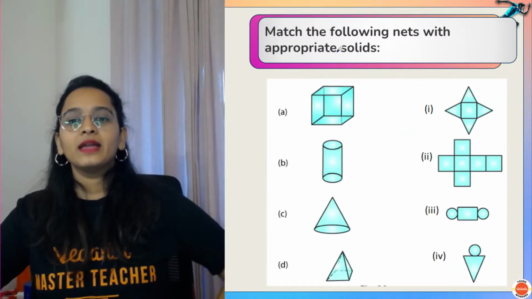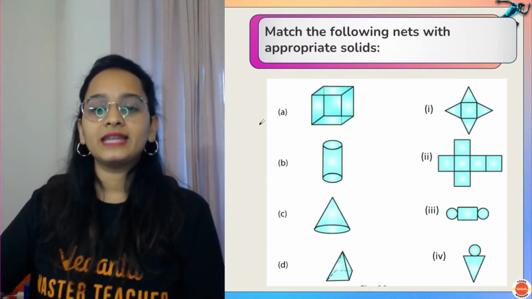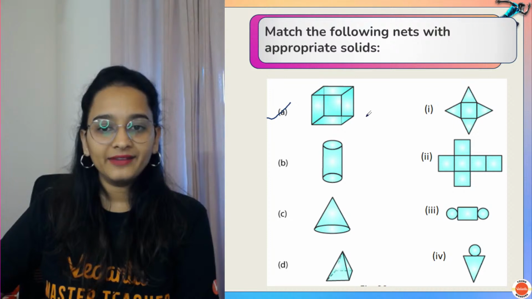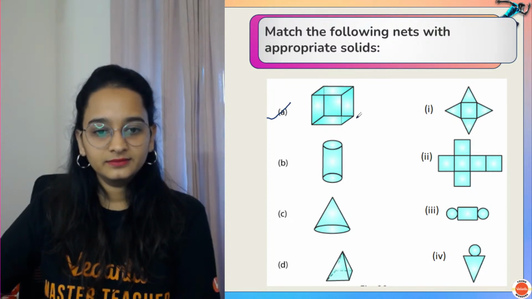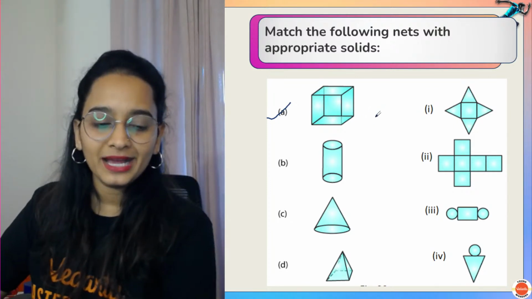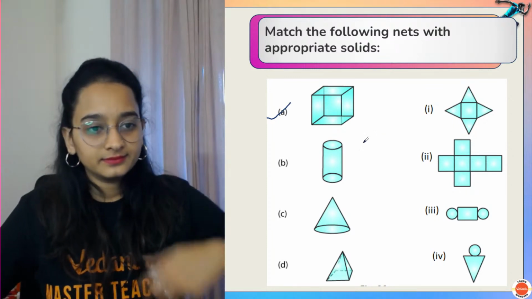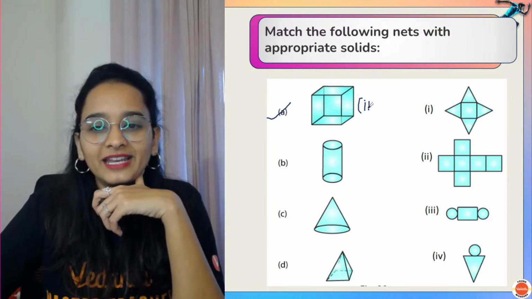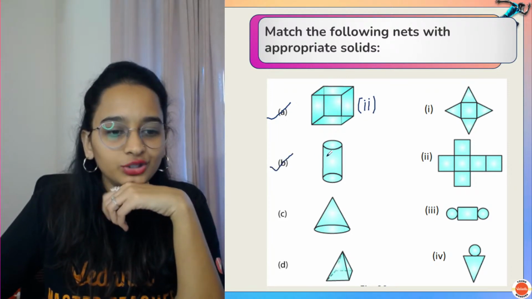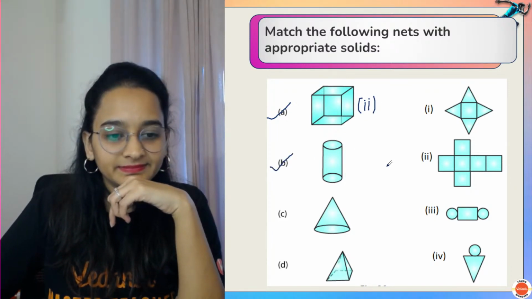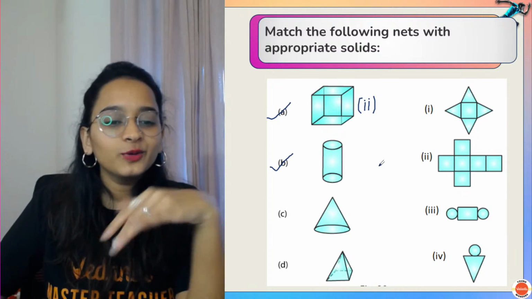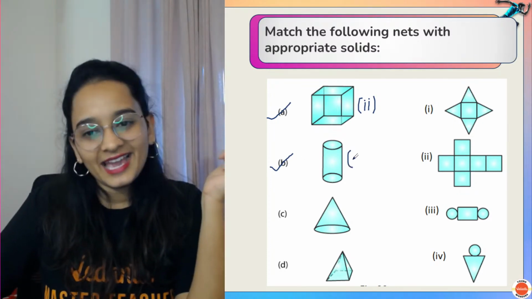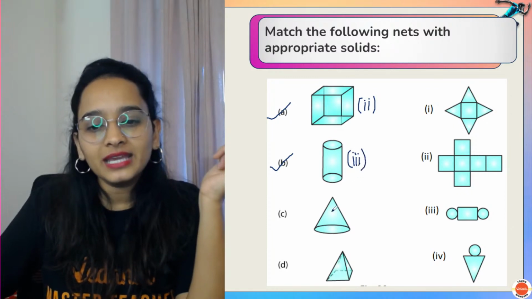Very good. Match the following with appropriate nets. Now, A will be matching to which of the following? A will be matching to 2. Very nice. Your B will be matching to 3.